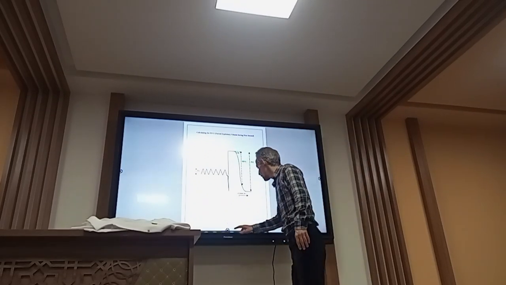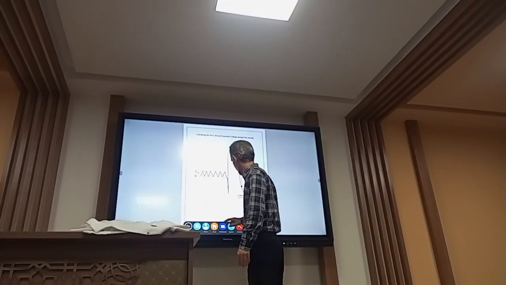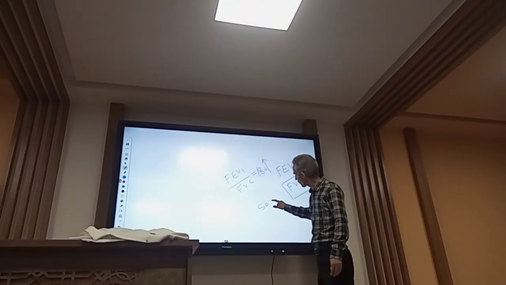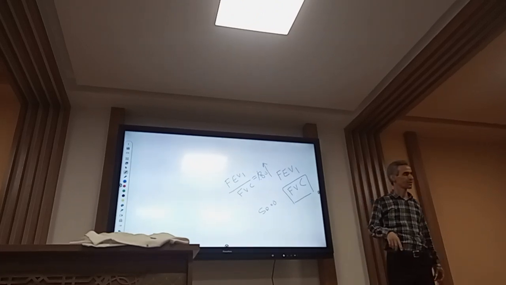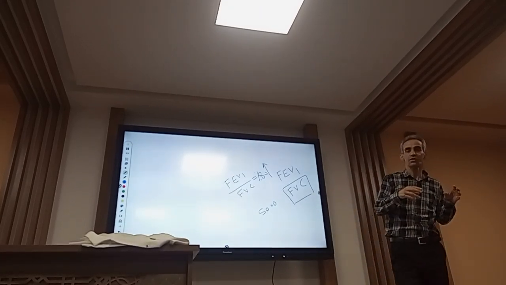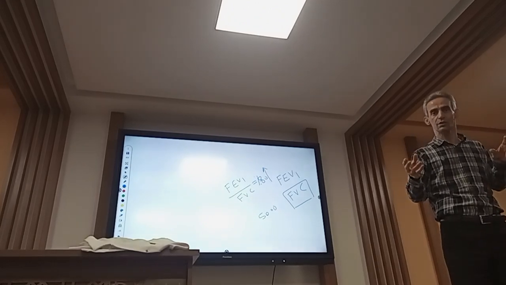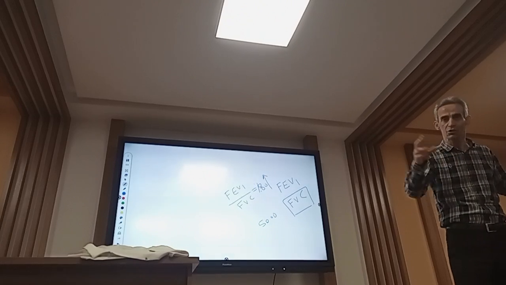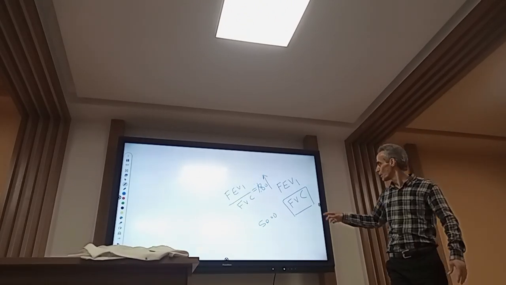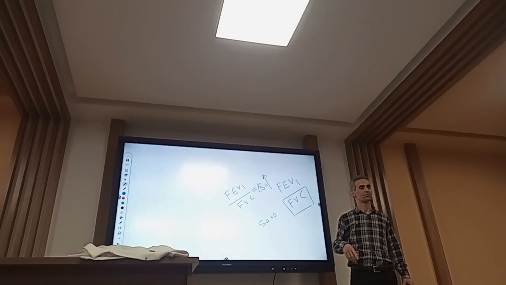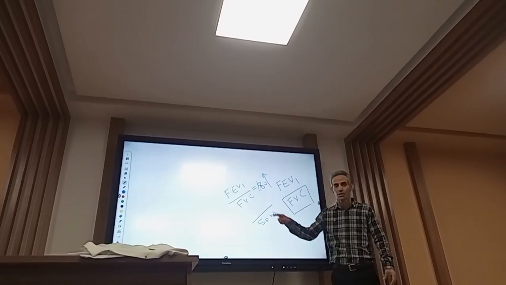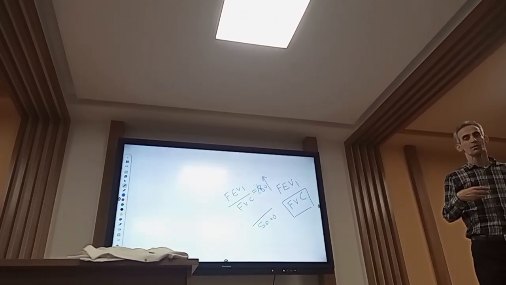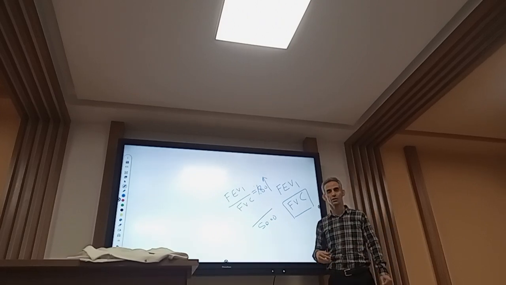For example, if FVC is, for example, 5,000, for this, again, we should use the temperature coefficient. For all volumes, you should use the temperature coefficient. For example, here it is 5,000, and how much air should go out of the lung in normal condition?